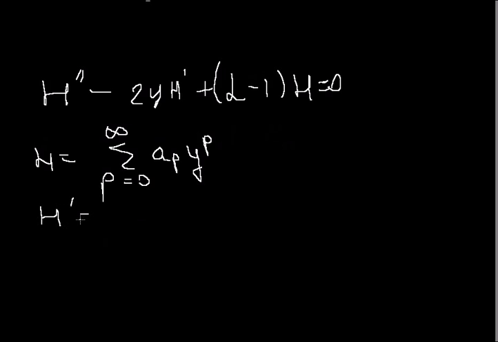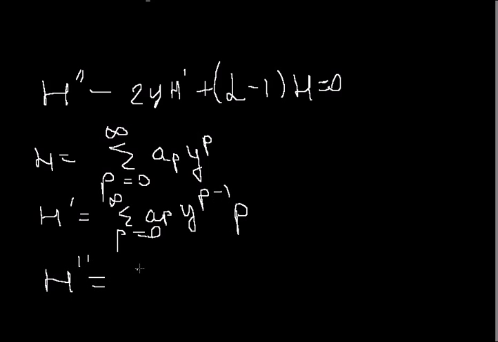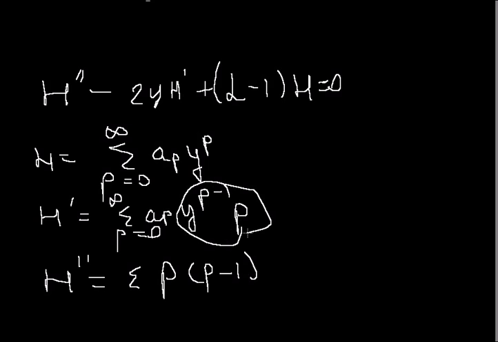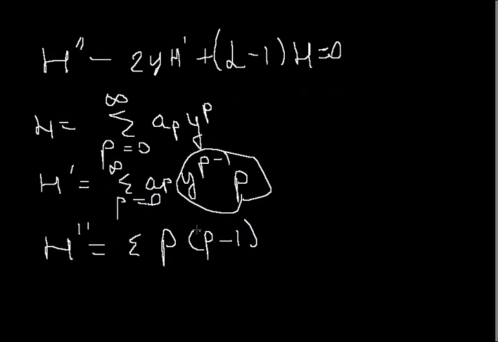First derivative equals the same sum, but y with the power p minus 1. Second derivative equals the same sum, and p minus 1. It's the usual rule of finding the exponents.